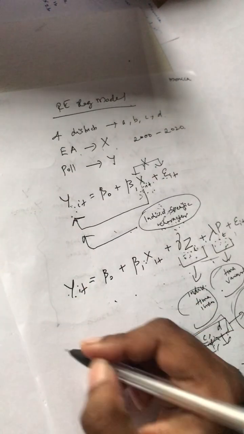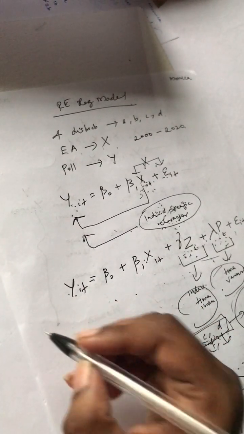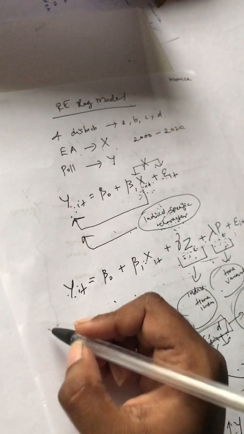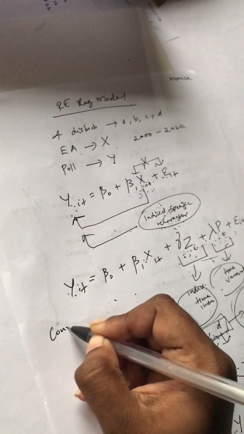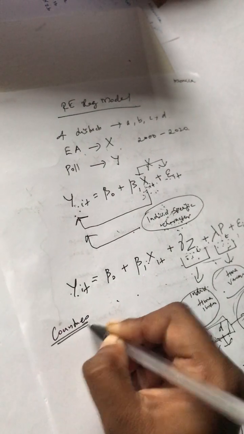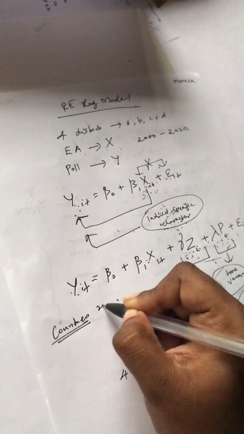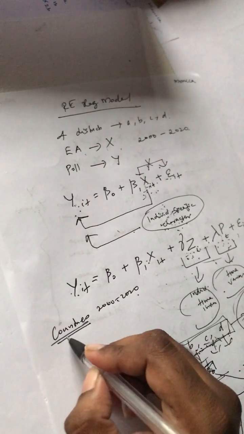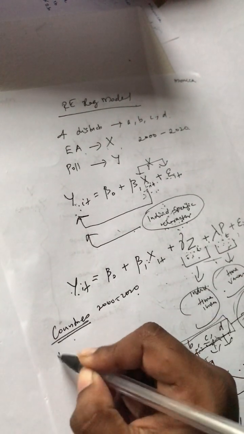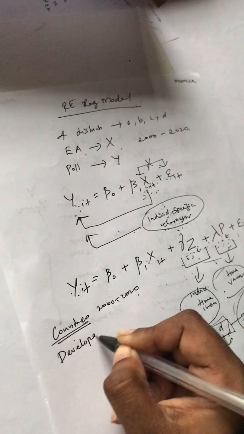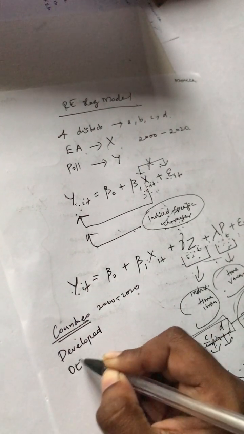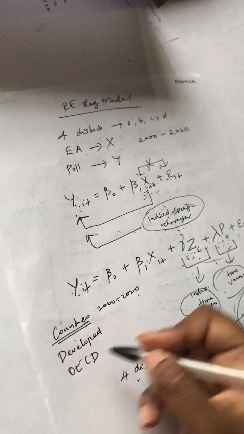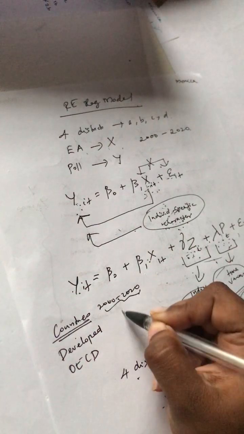So if we are to run a random effects model, say we are trying to collect data of countries from 2000 to 2020. And instead of all countries, say we focus on developed countries, or OECD nations, and then we collect the data from 2000 for all these.